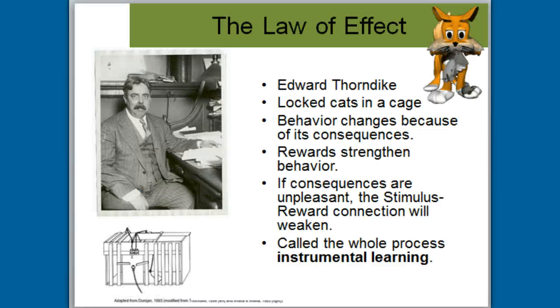All right, started off with this law of effect. Okay, and this was Edward Thorndike who's there in the picture. And what he did is he locked cats in a cage, and there's the cage underneath his picture that he used. And what he was trying to do is see how effective they were at getting out of the cage.